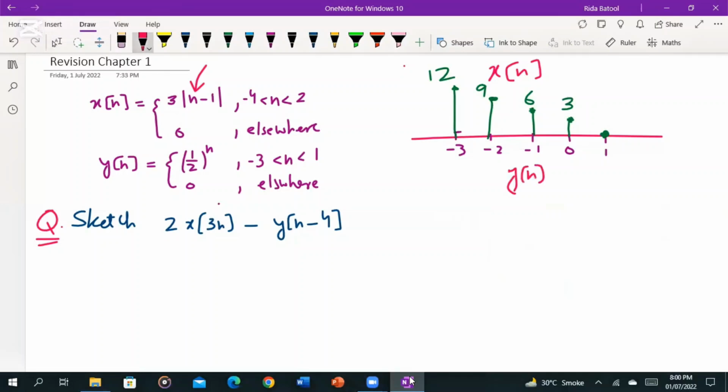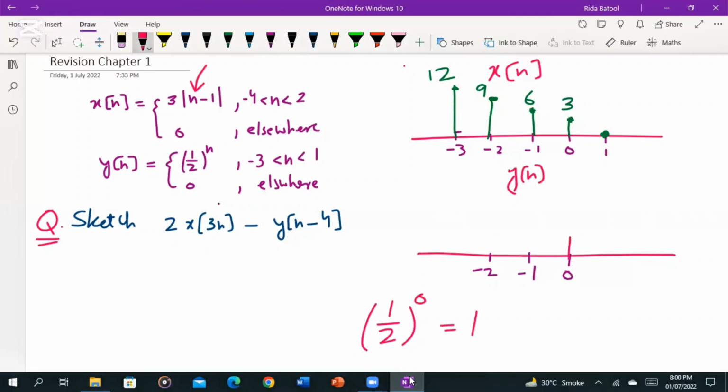Now let's sketch y of n. y of n exists from -2 till 0. So at 0, if you put 0 over here, you will get 1. So at 0, the magnitude is 1.